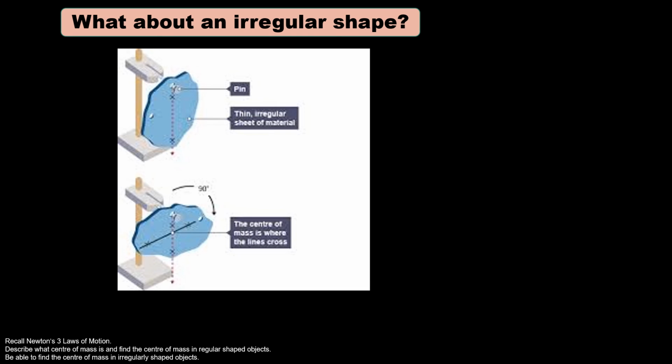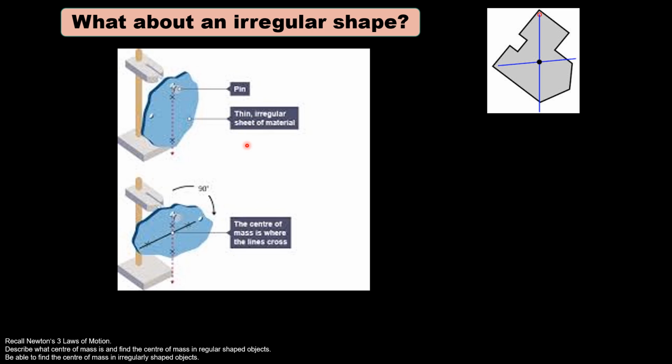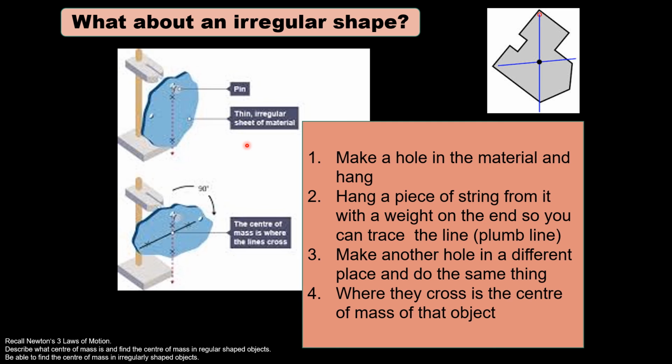What about an irregular shape though? What can we do for an irregular shape? Well, here we have an irregular bit of fabric, a sheet of material. What we would do is make a hole somewhere in the material, hang a piece of string from it with a weight on the end so you can trace the line, which is called the plumb line, and make another hole in a different place and do the same thing.